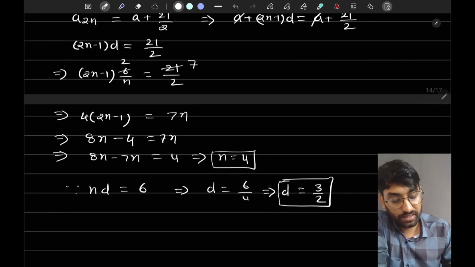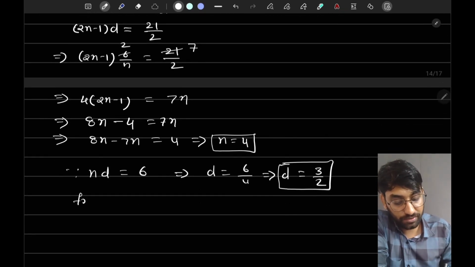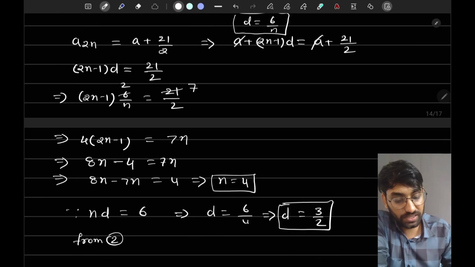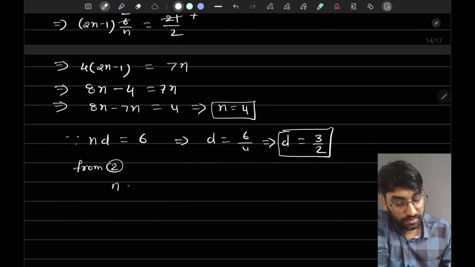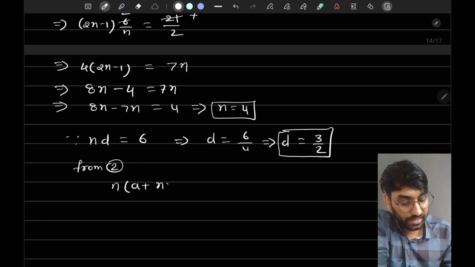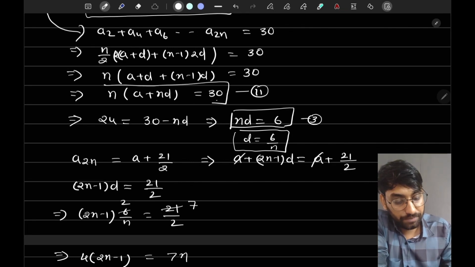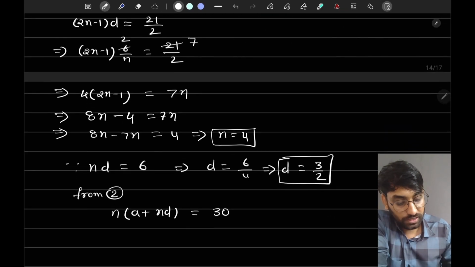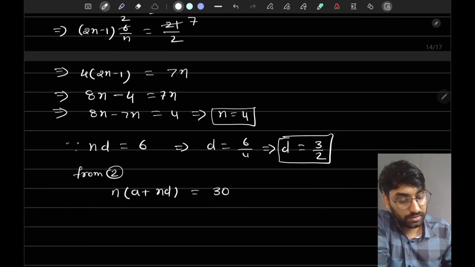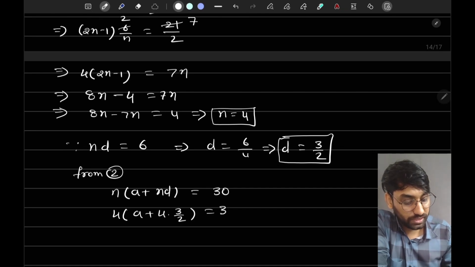So what is equation 2 that we have? n times a plus nd equal to 30. Let's substitute the values of n and d. So 4 times a plus 4 times 3 by 2 equal to 30.